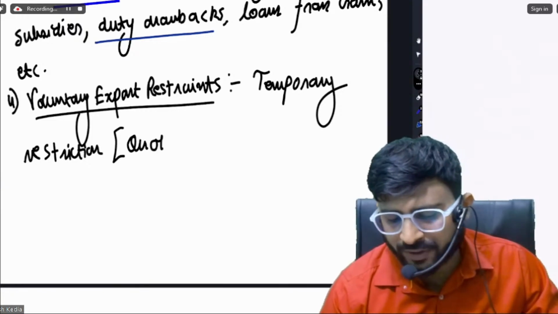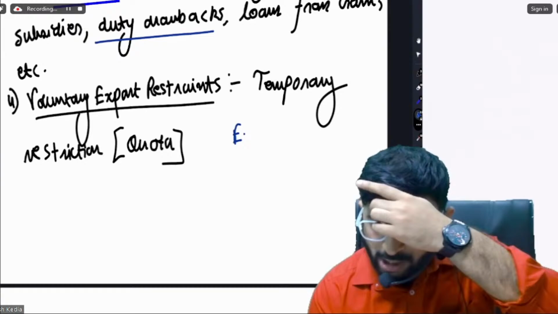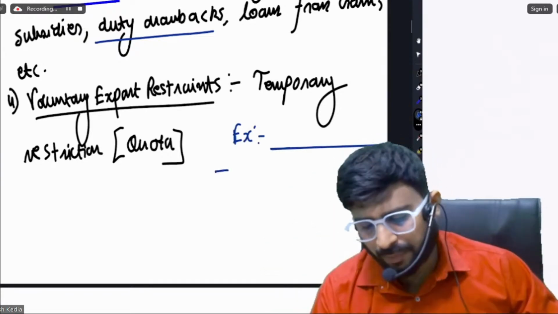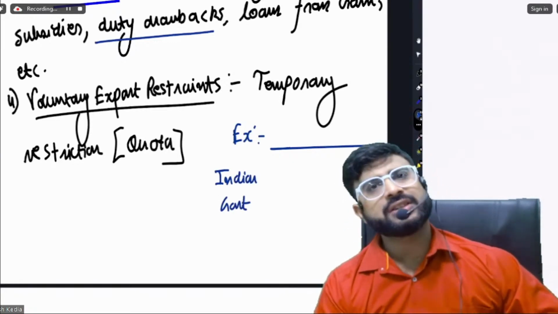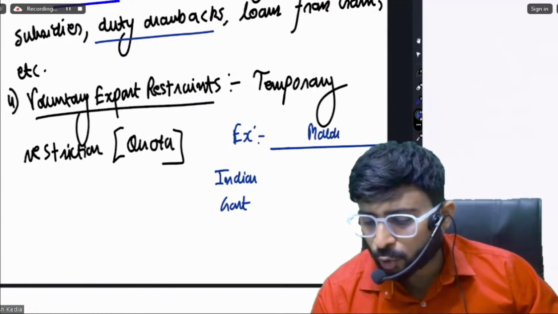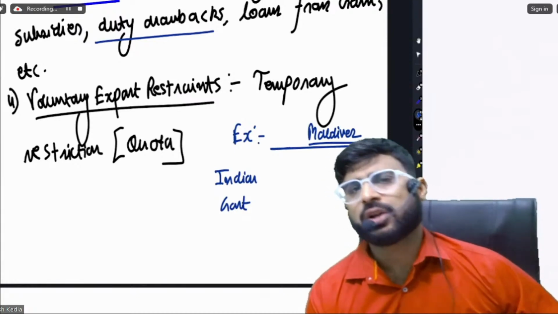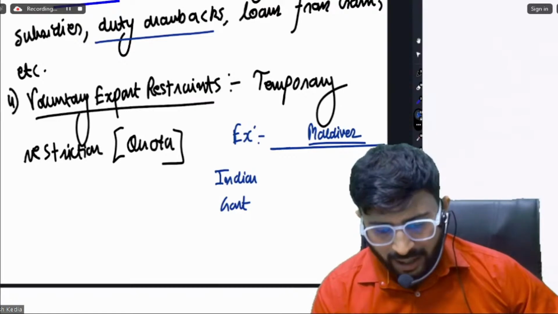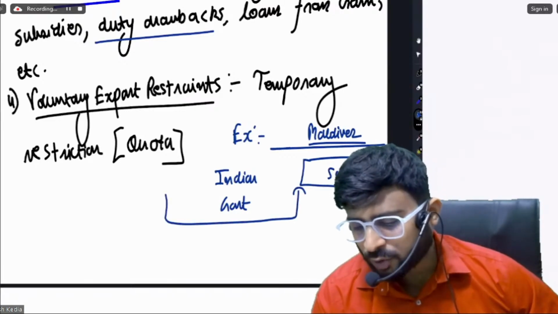A quota. So basically, for example, suppose our Indian government sees that the person who has become the prime minister or the president of Maldives is someone the Indian government does not like. Then the Indian government may decide that any export from India to Maldives for the next 5 years will be limited.